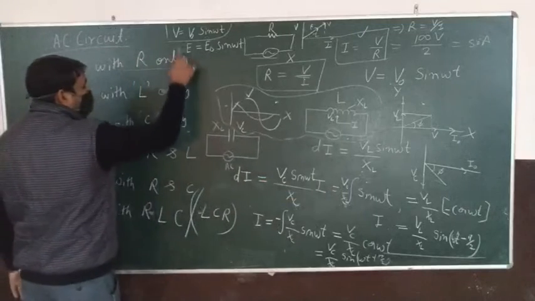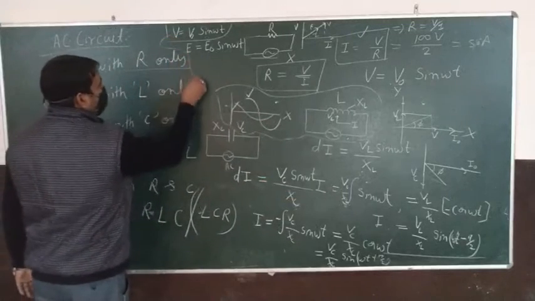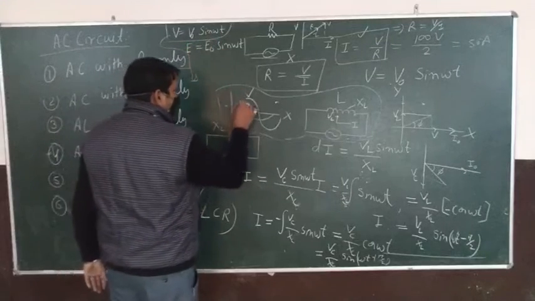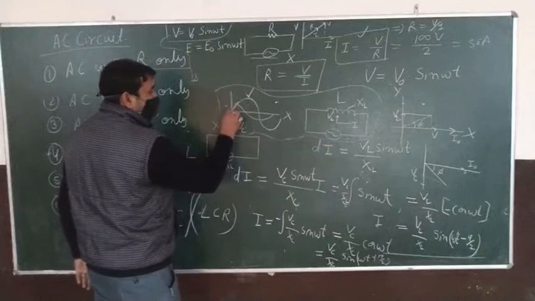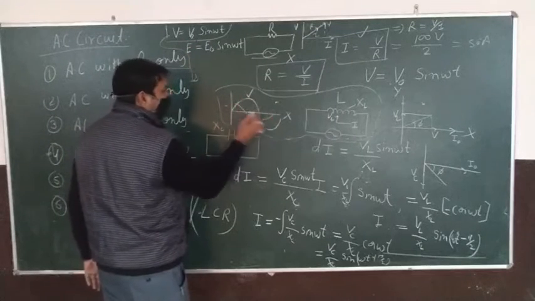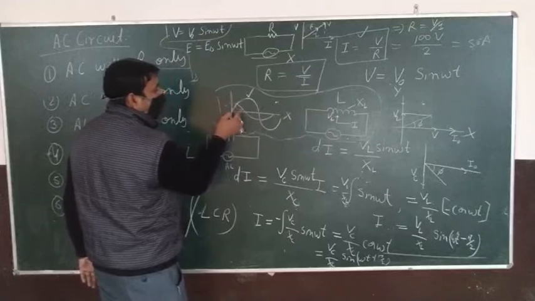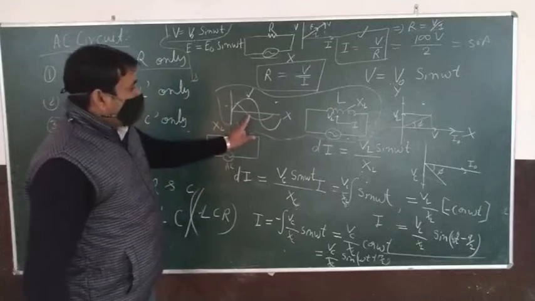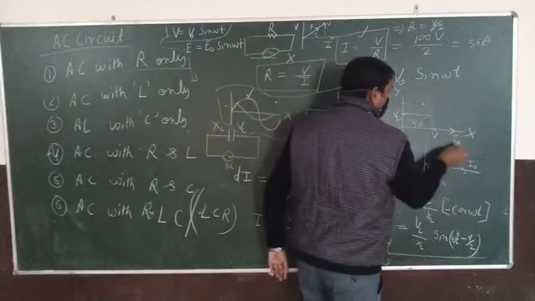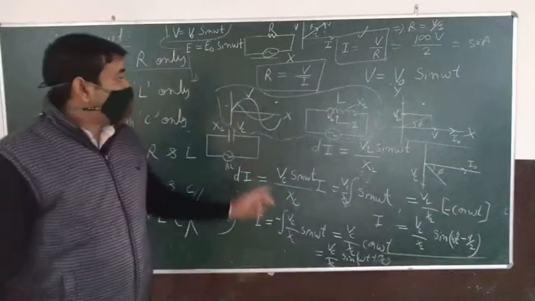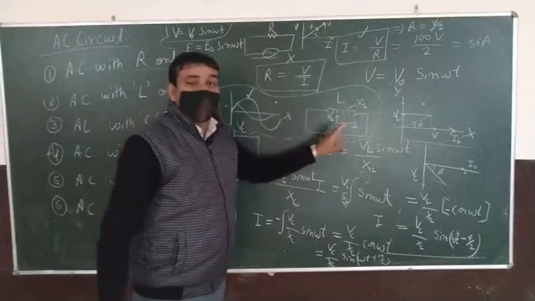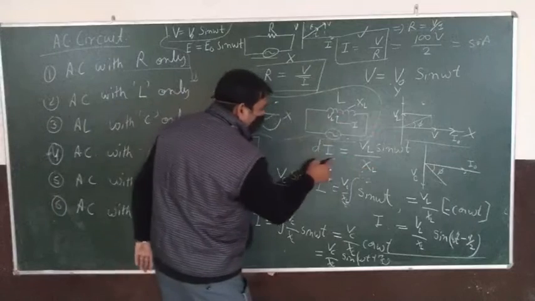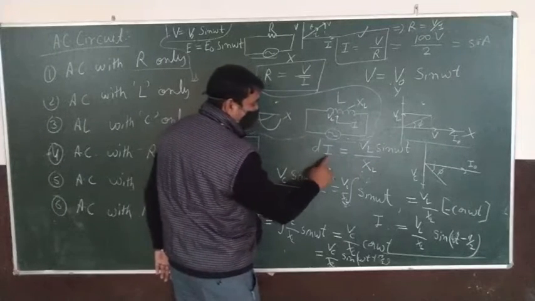Similarly, if the potential across the inductor is given by this equation V naught sin omega t, then it is observed that initially the voltage leads the current, and this is the phasor diagram for the circuit with inductor only.